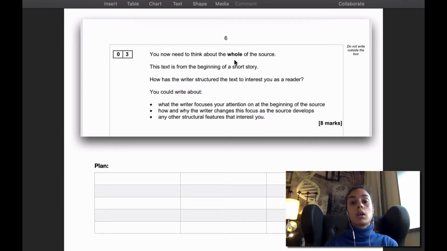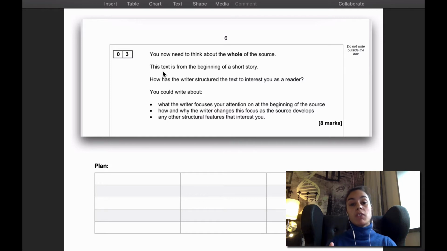Now, as it has highlighted, it might seem obvious, but you need to talk about the whole source, not just the beginning like you had in question 2, where they asked you to look at a specific number of lines, so lines 9 to 15. This is the whole source. It gives you a little bit of context. This is from the beginning of a short story. Why is this important information?